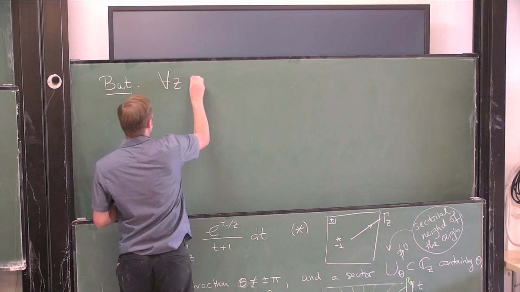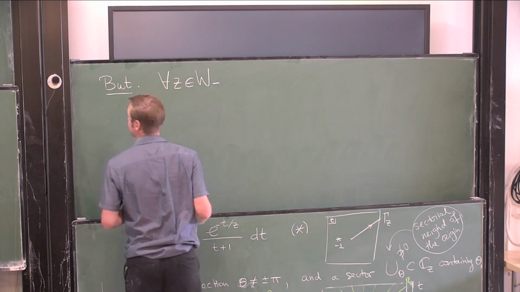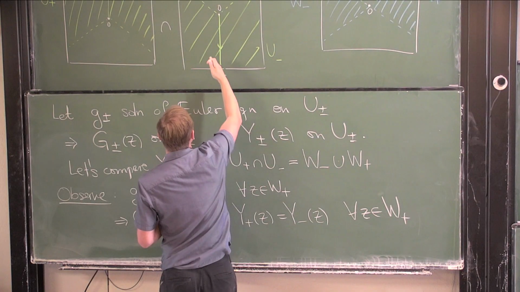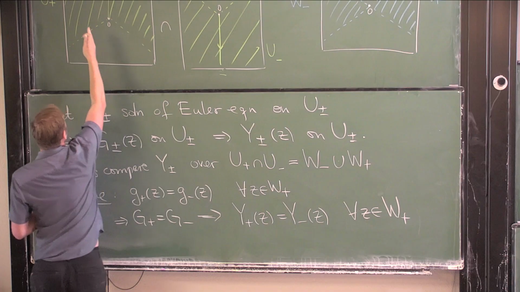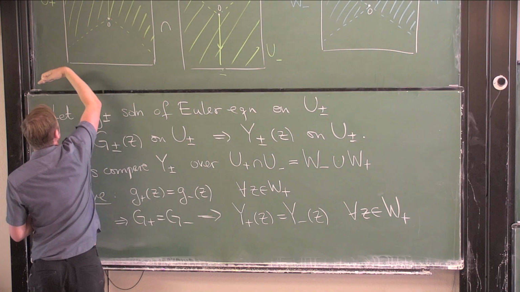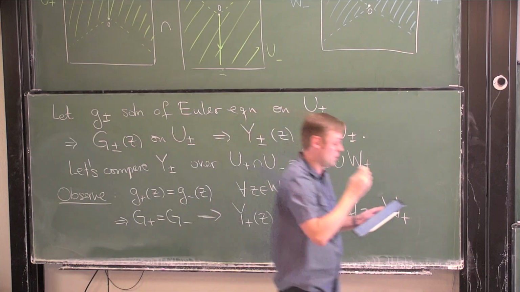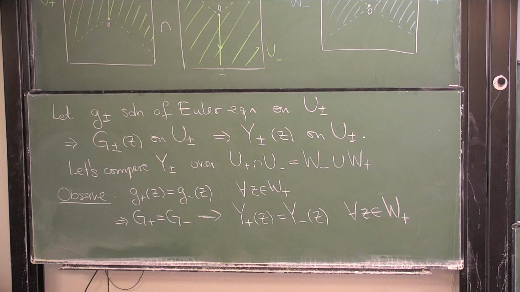But if Z belongs to W minus, this is now a difference between swinging this ray of definition from above or from below. And we saw that there was a difference between the two.